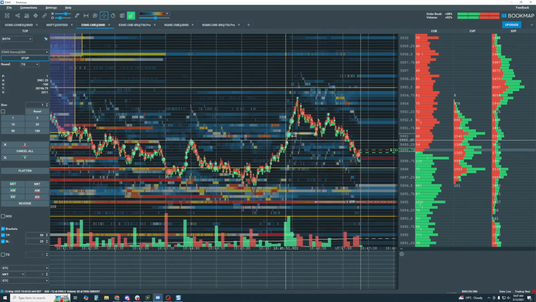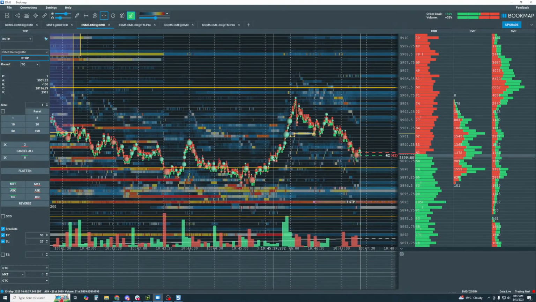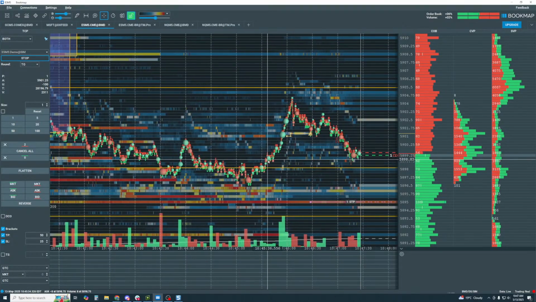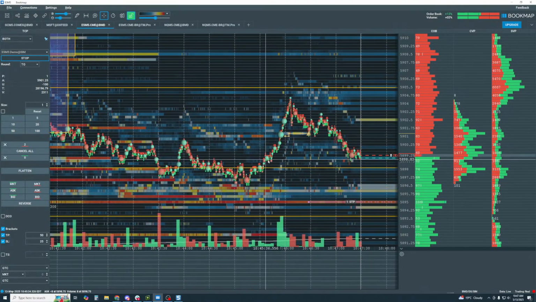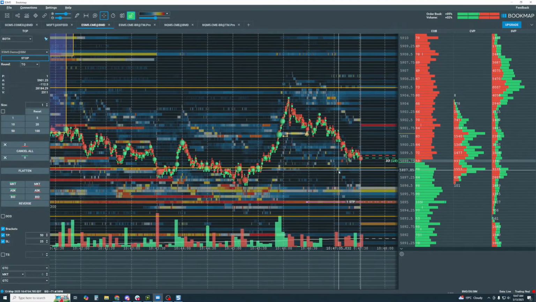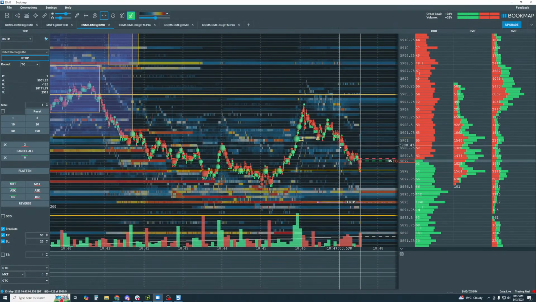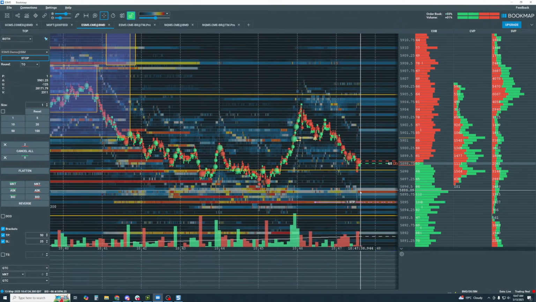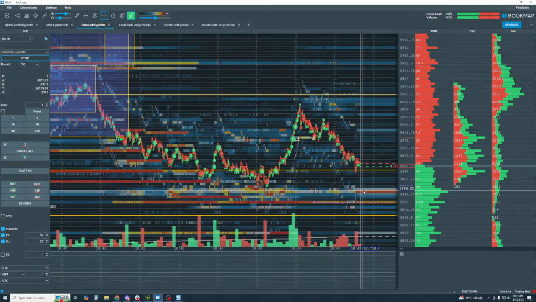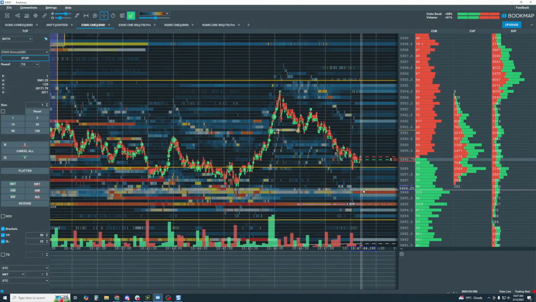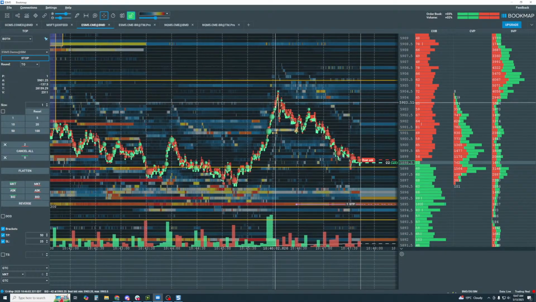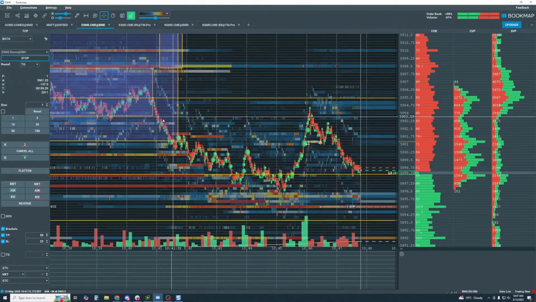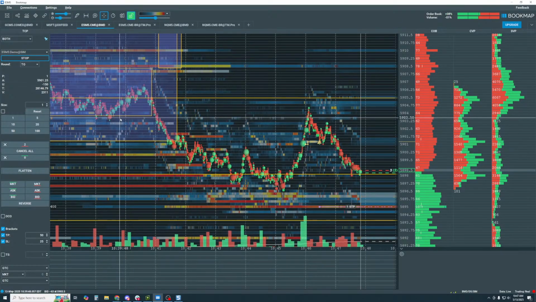Okay, so now you can see it's gone through this area. It's come back down into here where these buyers came in and initiated the move to the upside. Another thing on this move up, order flow wise, this is where it dropped from.